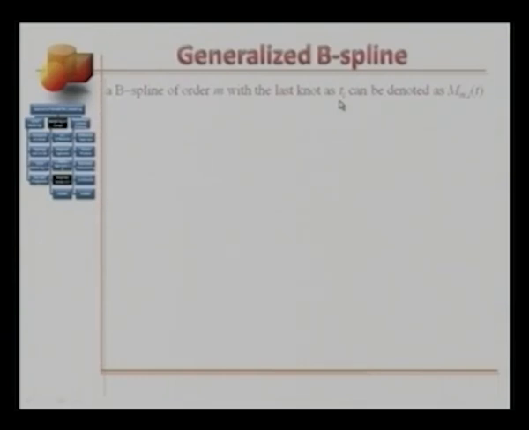And if you recall the nomenclature that we had just seen, this nomenclature will be capital M. The first index is small m. The second index is i. Capital M stands for the B-spline. Small m stands for the order of the B-spline. And i stands for the index corresponding to the last knot over which the spline stands.